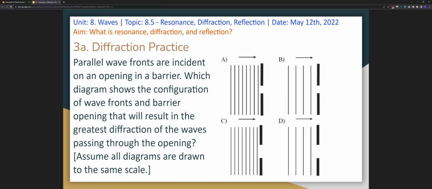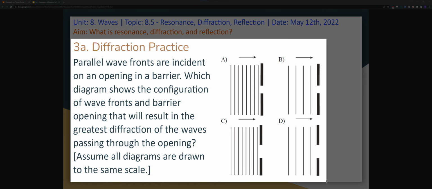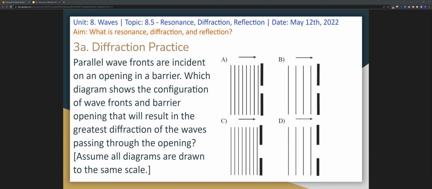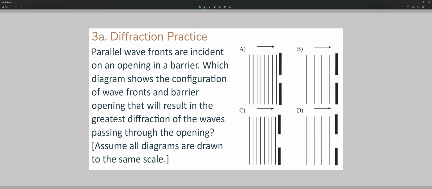So we have a practice question here. Parallel wavefronts are incident on an opening in a barrier. Which diagram shows the configuration of wavefronts and barrier opening that will result in the greatest diffraction of waves? Again, if you want the greatest diffraction, you want the smallest opening.